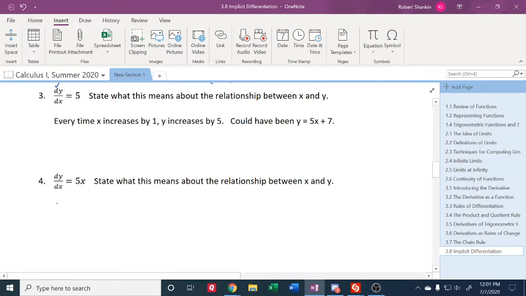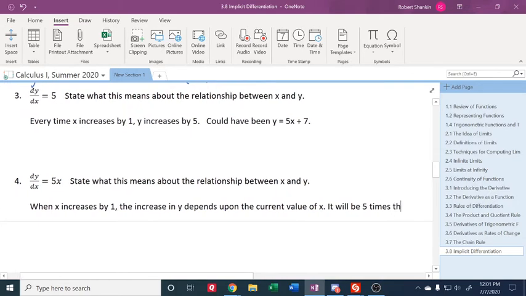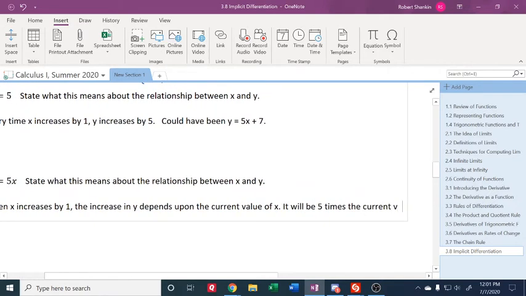When x increases by 1, the increase in y depends upon the current value of x. It will be 5 times the current value of x.